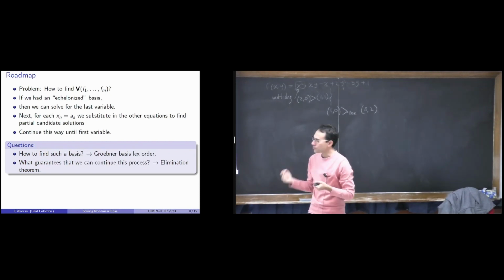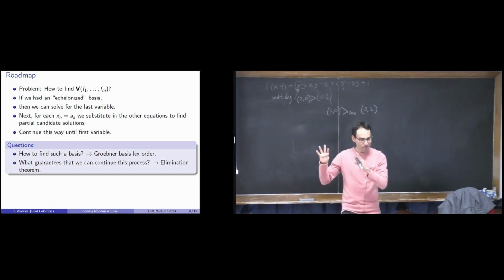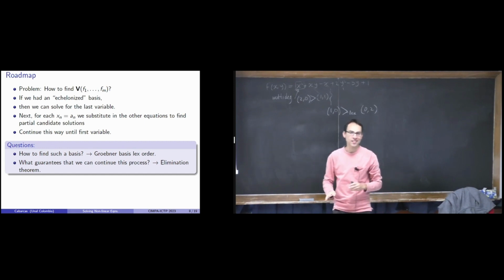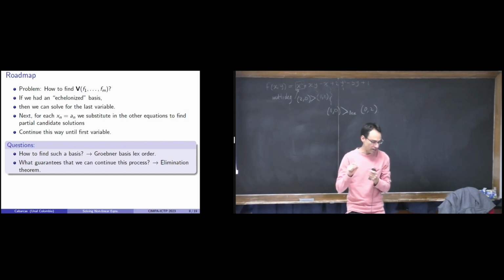And the answer is the elimination theorem. This is the classic way to solve systems of polynomial equations, and that's what I'm going to be doing today, and maybe a little bit of the next lecture.